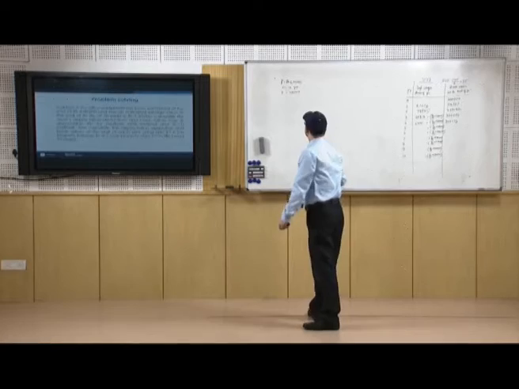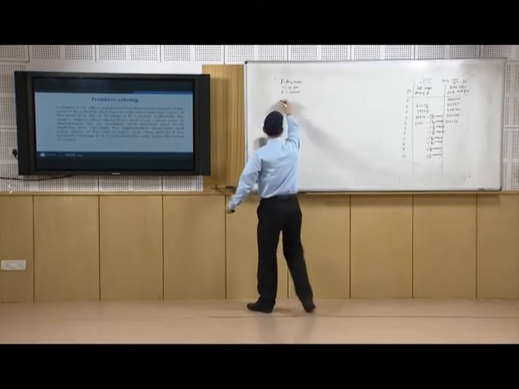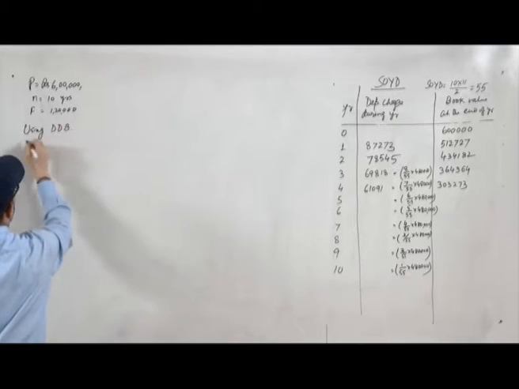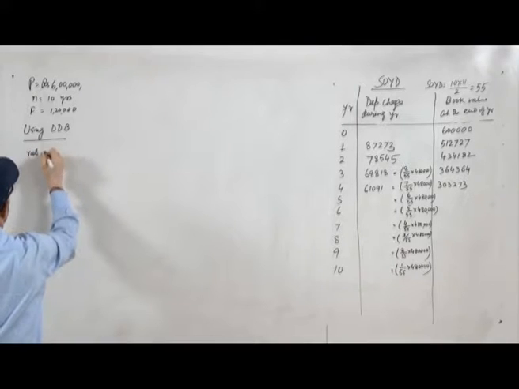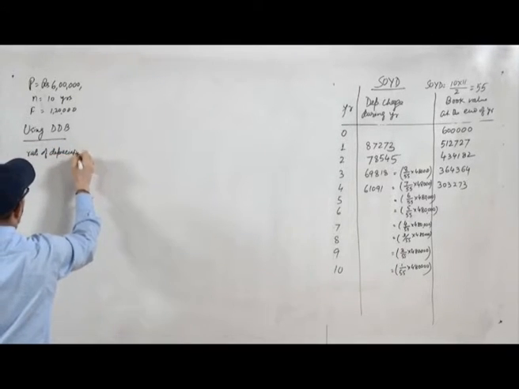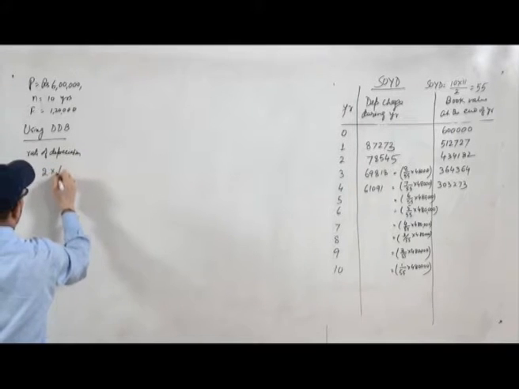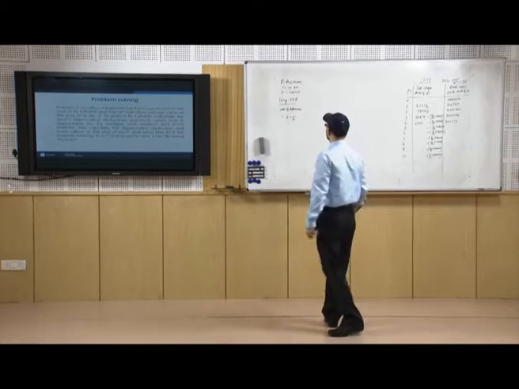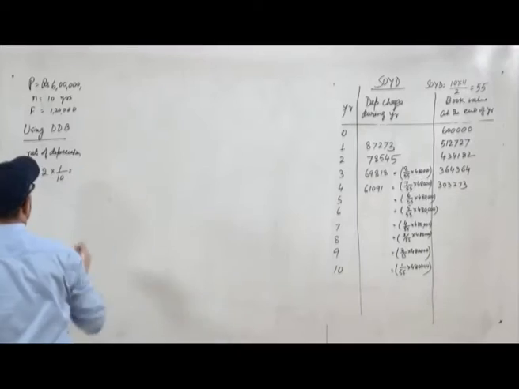Now, using the DDB double declining balance method, the rate of depreciation will be 2 times 1 by 10. So, it will be 20%.